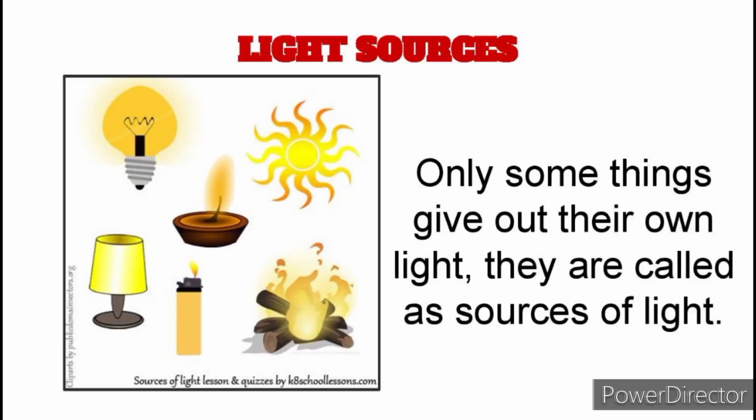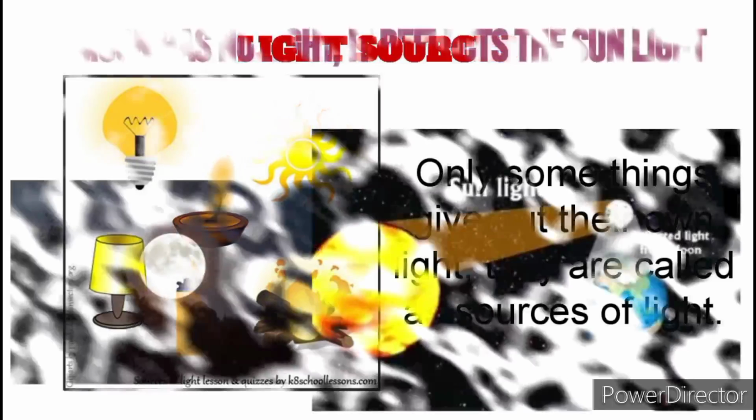These are the things which are giving light. These things are actually called sources of light. Among these objects, the sun is called the primary source of light.